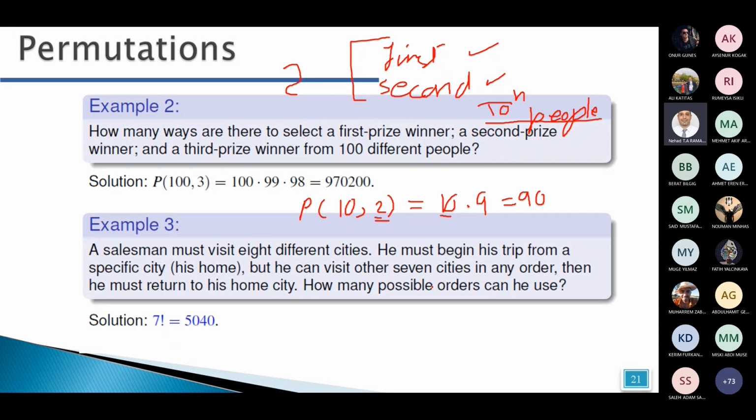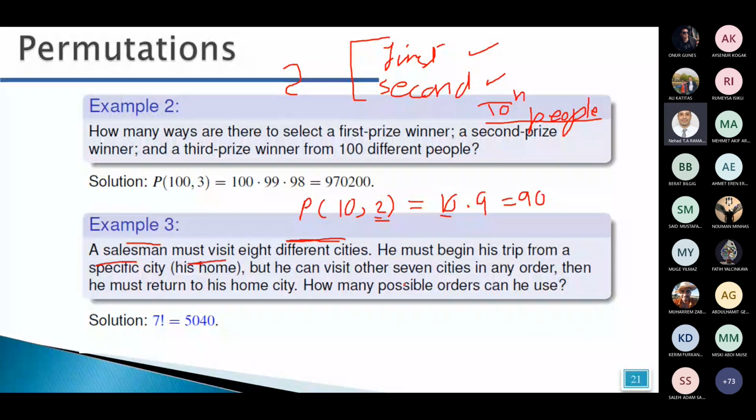Okay, look at this example. A salesman must visit 8 different cities. Don't be very fast. Think here. He must begin his trip from a specific city.